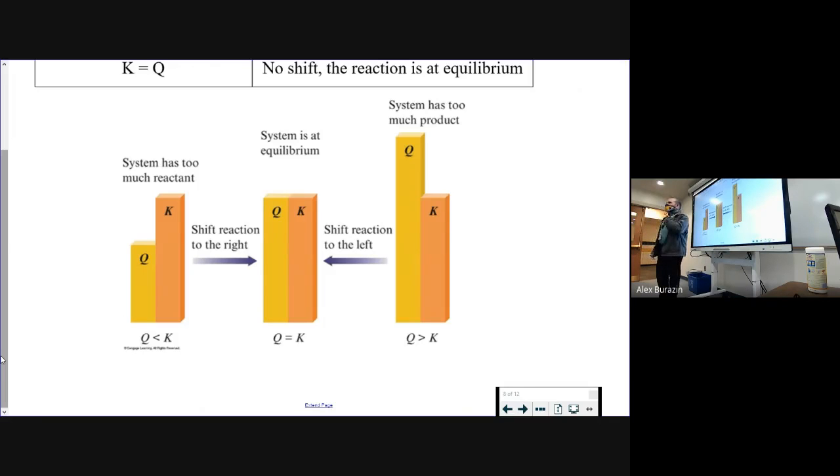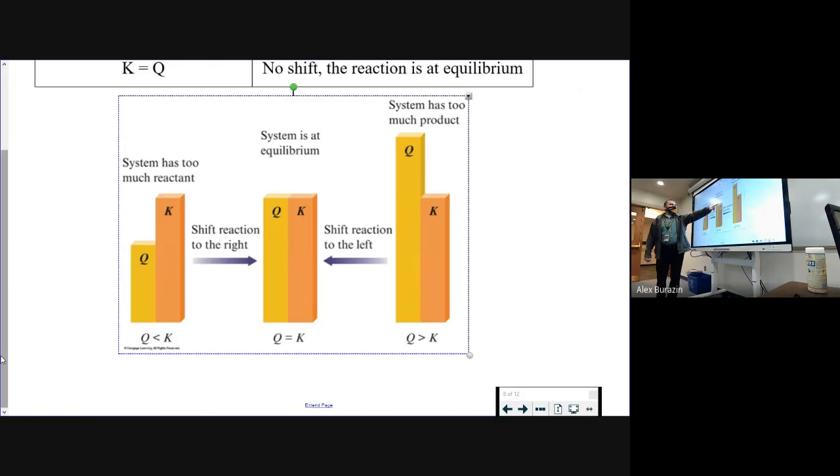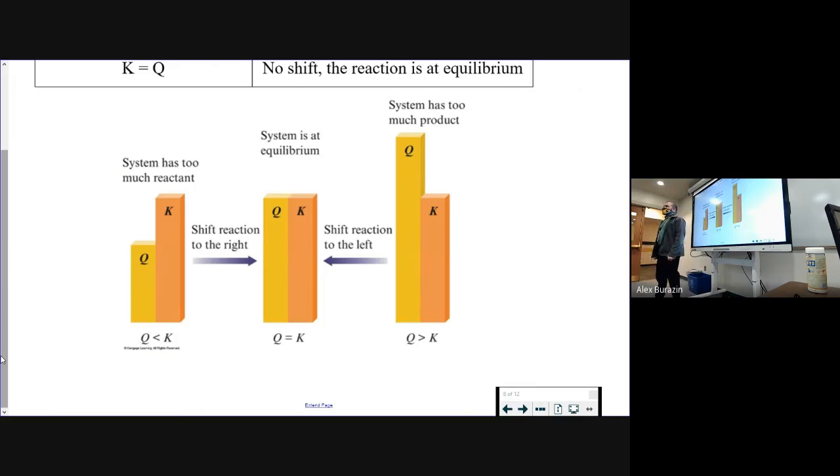And when I say I am, I should really be more specific, right? This is where the reaction currently exists in its ratio. This is where it's supposed to be at equilibrium.